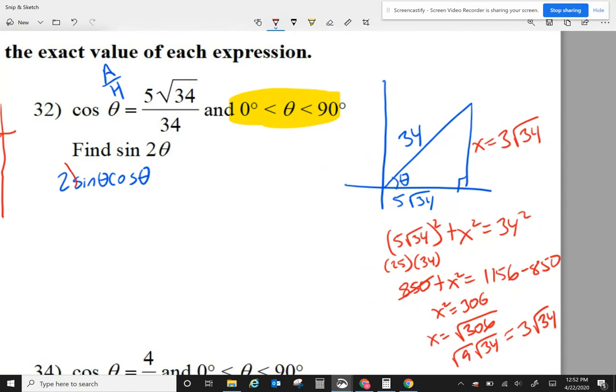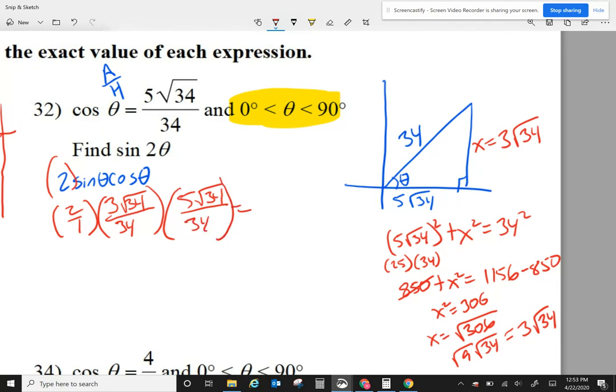I have a 2 first. So matter of fact, I'm going to write it as a fraction. 2 over 1. Sine of theta. I know sine is opposite over hypotenuse. So 3 radical 34 over 34. Cosine is 5 radical 34 over 34.